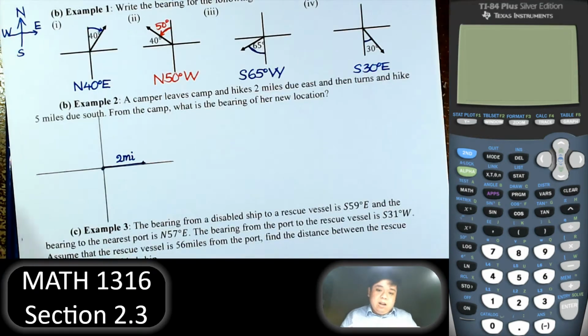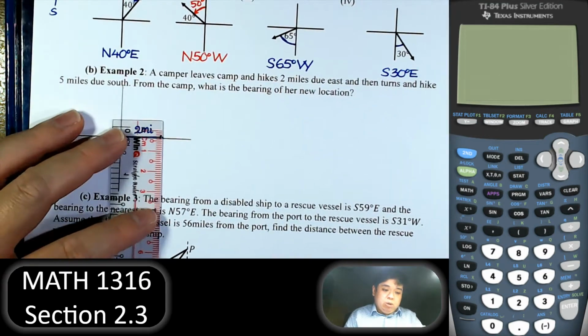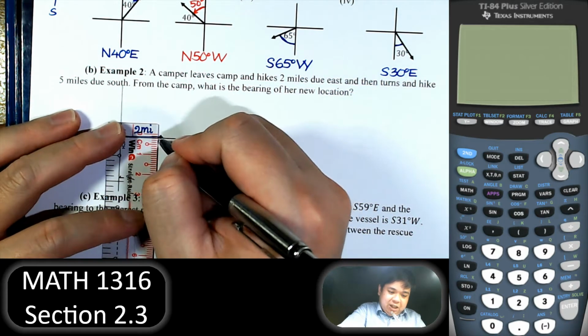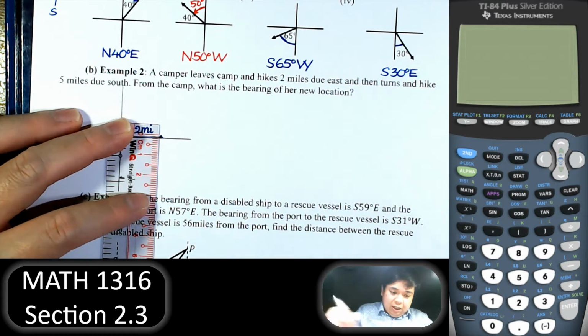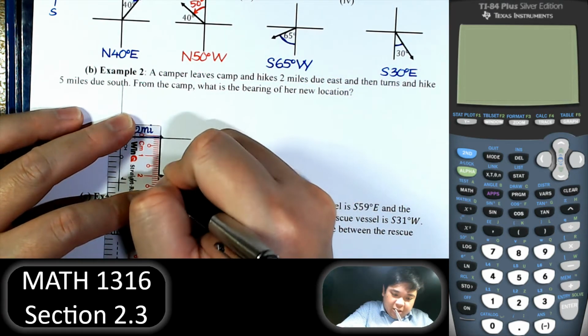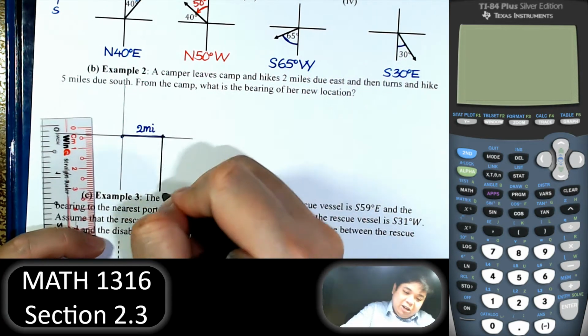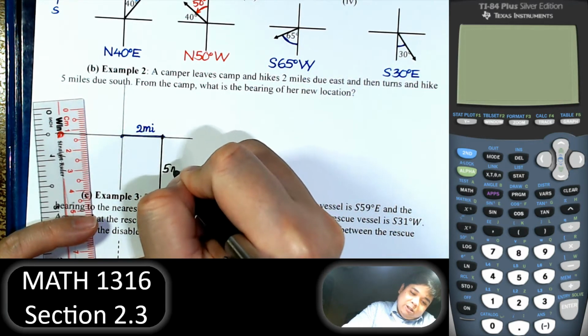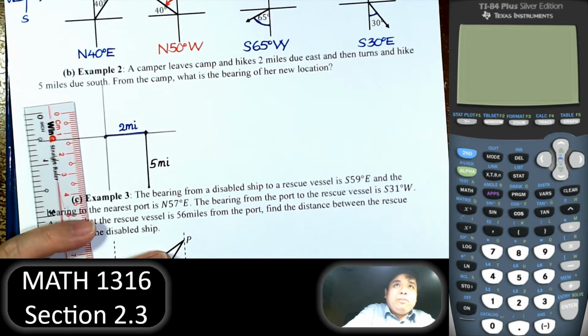After that, she turns and hikes 5 miles due south. 5 miles will be way down here. So let's say this is 5 miles, not exactly, but you get the idea. 5 miles due south.